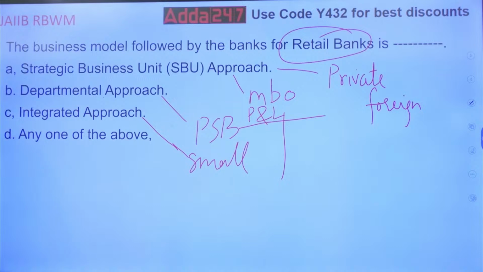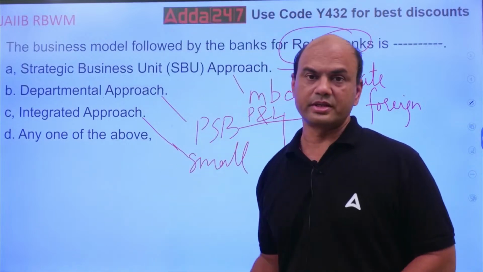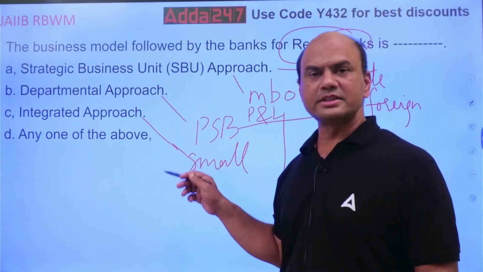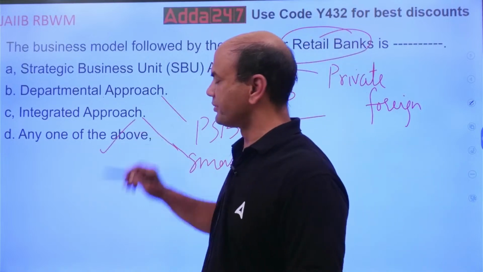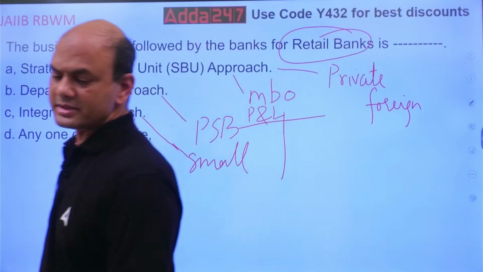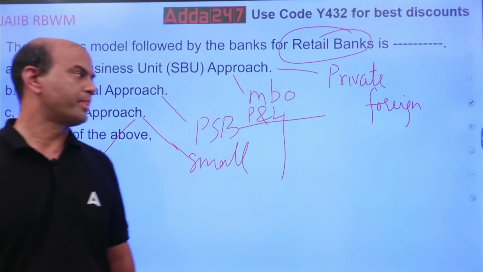Whichever job comes to you, whichever customer comes to you, that is your job, that is your department. So everyone does everything in this. Generally, this is followed in smaller banks. So the answer is any of the above. Got it? Next.